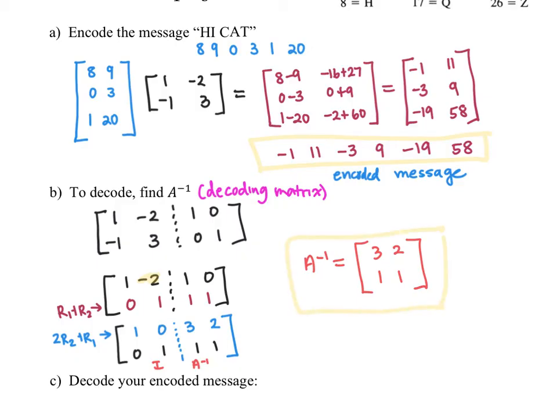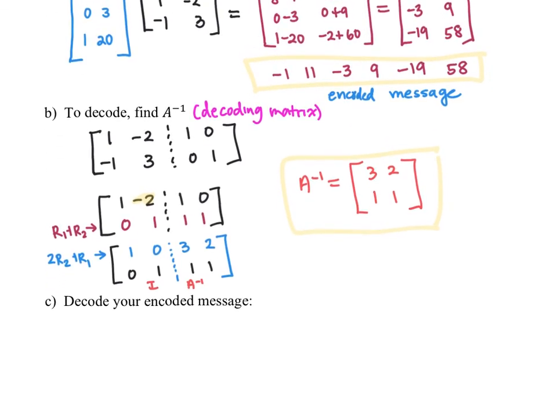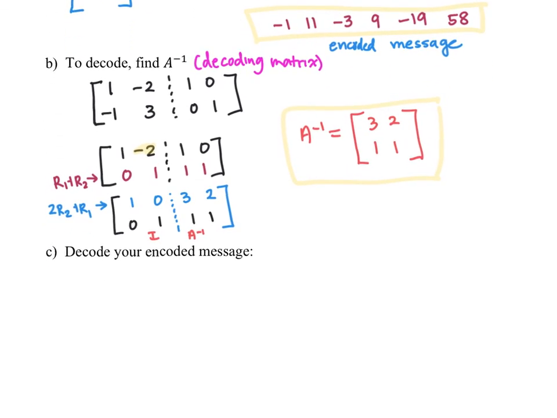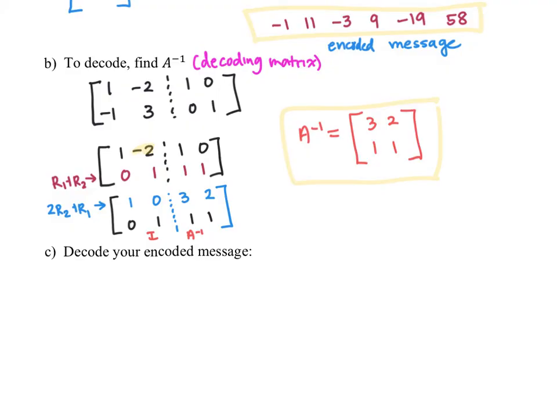Now that my friend Kat has found the decoding matrix, they're going to decode the message I sent them, because they don't know what I wrote yet. Because they know the decoding matrix is 2 by 2, they're going to rewrite the encoded message in 2 columns, left to right: -1, 11, -3, 9, -19, 58.